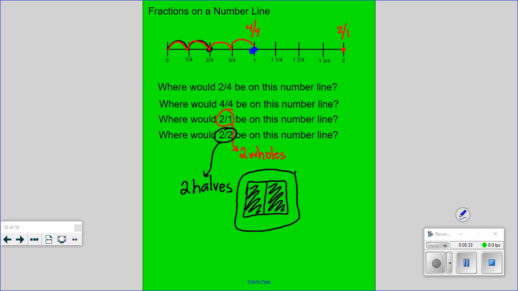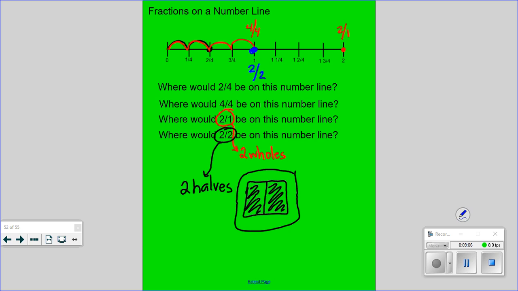So on that 1, I'm also going to put 2 halves. I now have 2 fractions at the same spot. What does that mean? Sean, what do you think that means? What do we think that might mean that I have 2 fractions at the same spot?